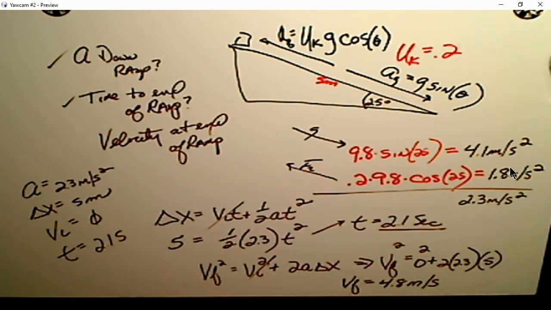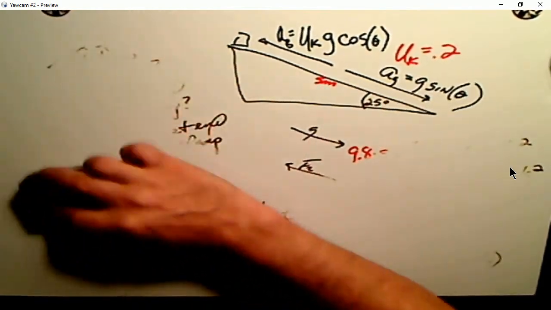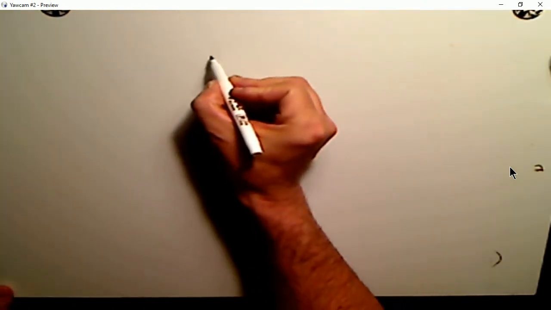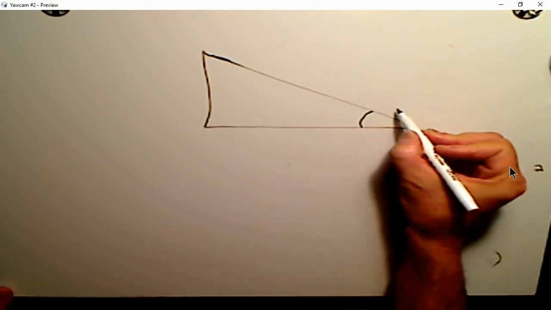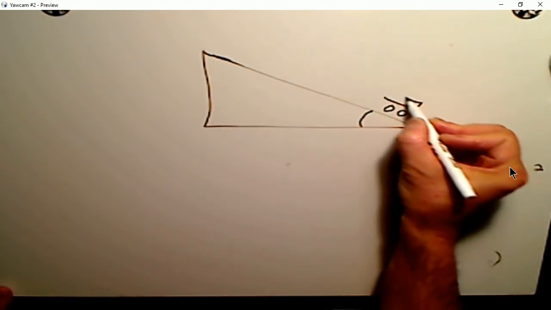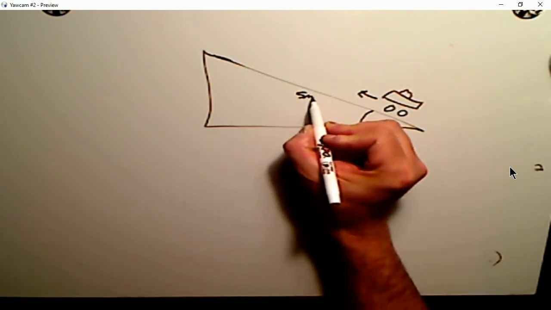Let's take another example. Let's say I have a car going up a ramp. This is a totally different thought, right? Got a ramp here, and I have a car going up the ramp. Okay? Going up this ramp. And let's say the ramp is still 5 meters.